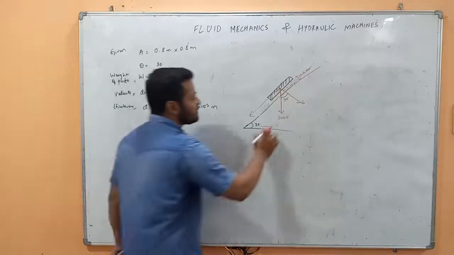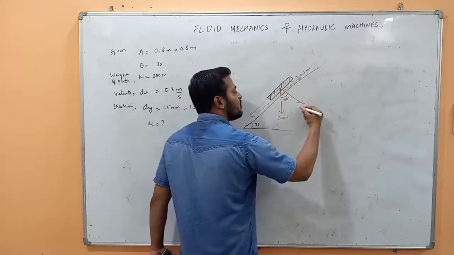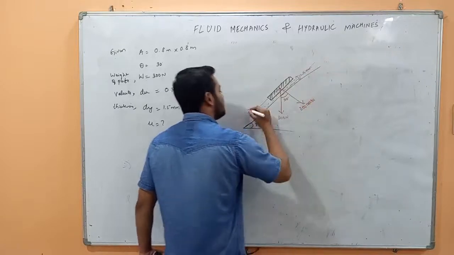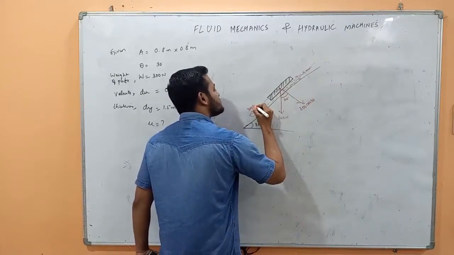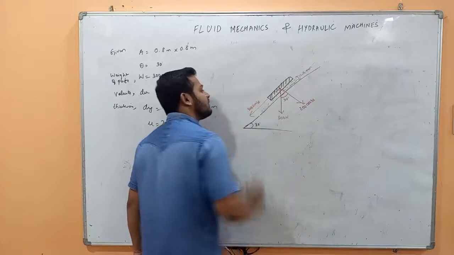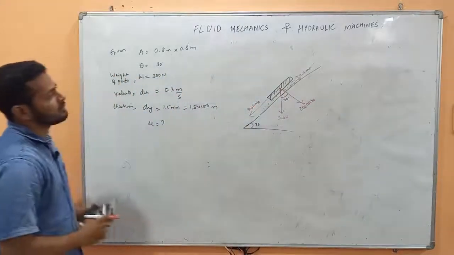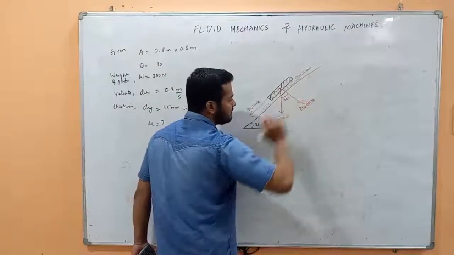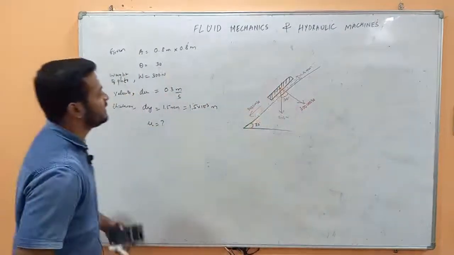So I can resolve this 300 into two components. One will be 300 cos 30 and one will be 300 sin 30. Okay, these things you have learned in engineering mechanics. Wherever you have an angle, that side will be cos and the perpendicular side will be sin.